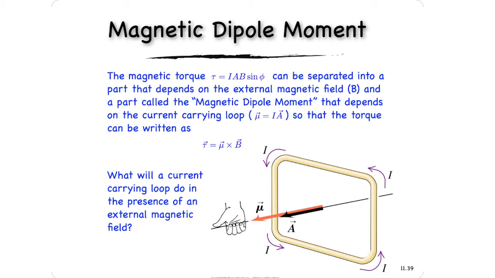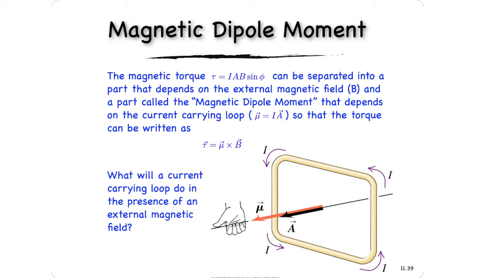And it's going to rotate to try to align its mu vector to the magnetic field. So if the magnetic field were pointing up and mu is pointing this way, the torque would be to the left. And a torque to the left means it's going to rotate like so to try to align mu to the magnetic field. So we can understand conceptually what a current carrying loop will do. It tries to orient itself such that its magnetic dipole vector points along the magnetic field.